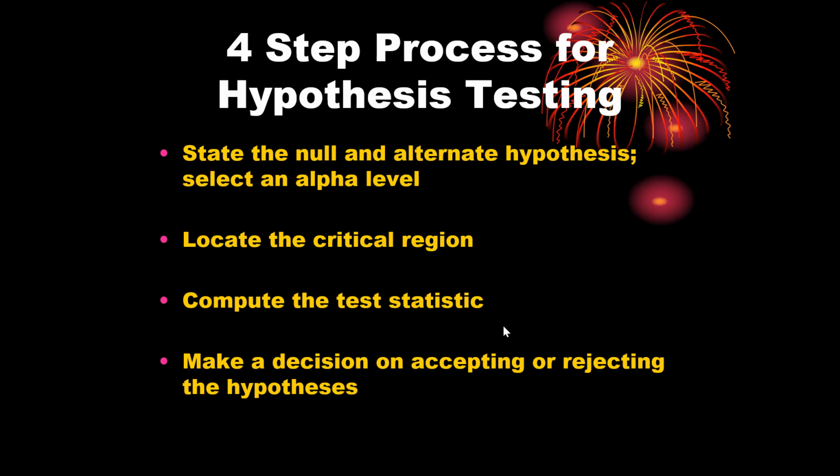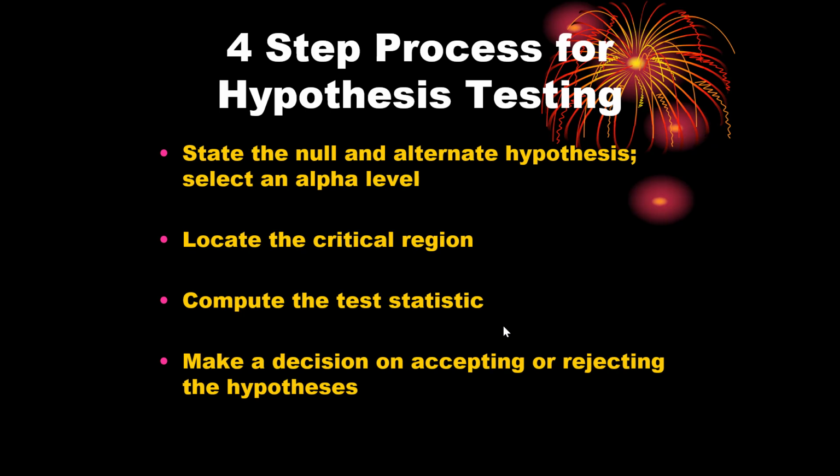So if you decide 0.05 or 0.01, then that would be the percentage in the tails of your distribution. This is the area in which you would be looking to see if certain scores fall in order for you to arrive at certain conclusions.